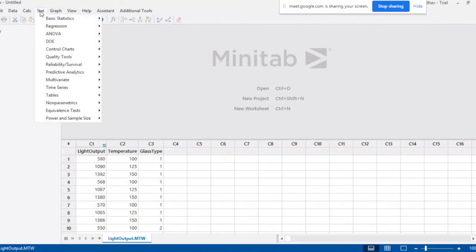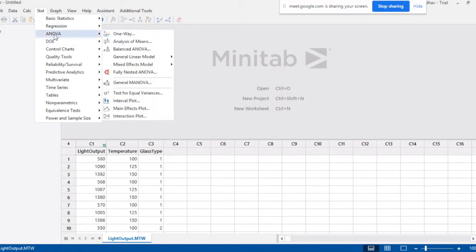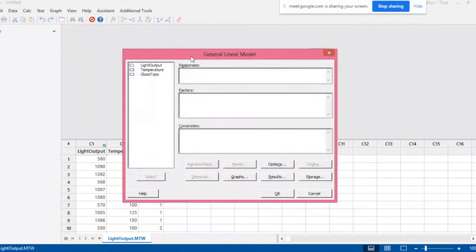So go to Start, ANOVA and General Linear Model. Click on the General Linear Model.